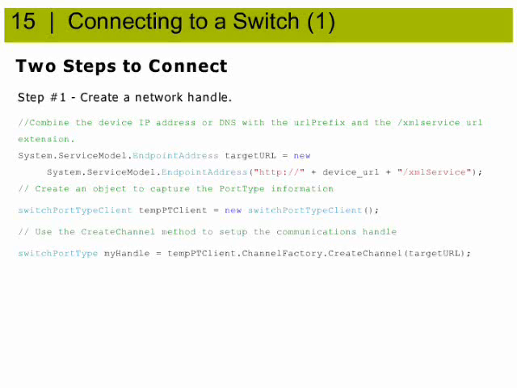Next, an object is created to capture the port type information using the new switchPortTypeClient method. And finally, the CreateChannel method is used to create the handle. In the code on the screen, the program stores the information about the channel in the tempPTClient object, after the CreateChannel method creates the channel.